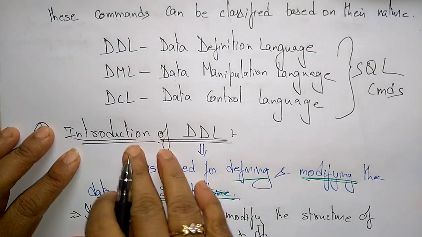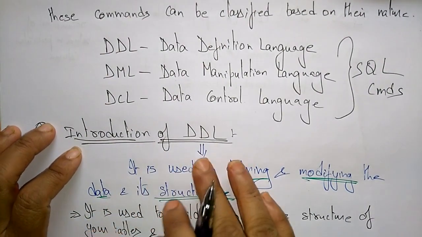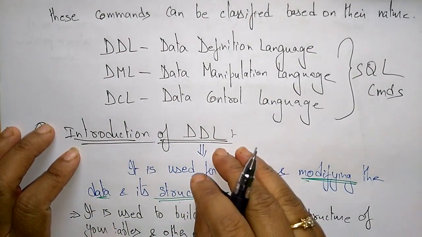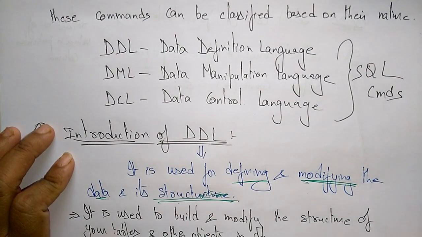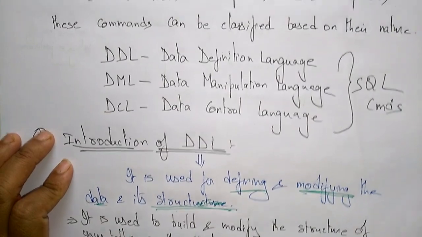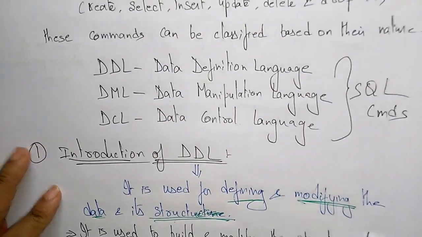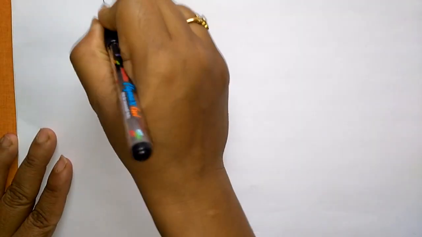So the main use of the data definition language is that the SQL commands used in it define and modify the data as well as the complete structure. So let us see what are the commands that are used in the data definition language.